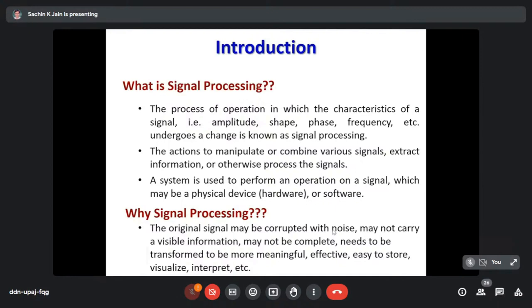So we need to transform it to a more meaningful, more effective format that is easy to store, easy to visualize, and easy to interpret. And that's where signal processing plays its role.